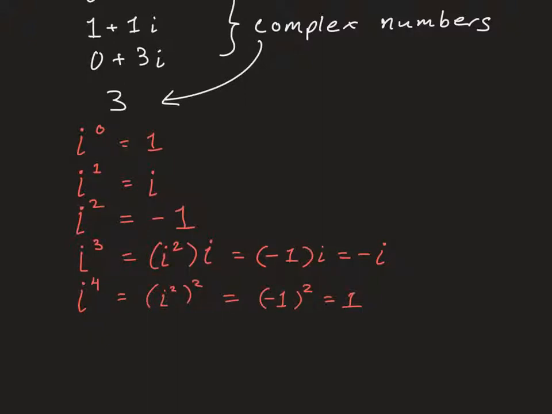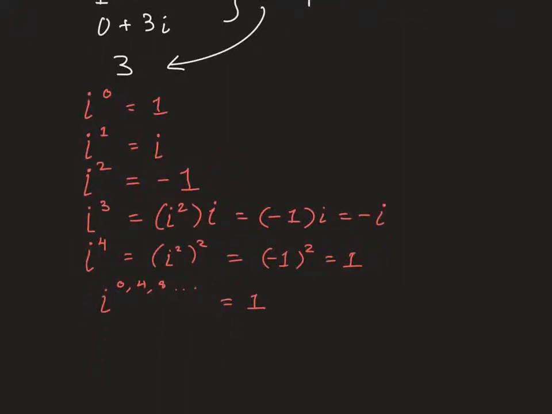So you can kind of see that i to the 0 power, 4th power, and 8th power is just the 4th power squared. So any multiple of 4, if you raise i to that, you get 1. And from this, we see that each of those, if you just multiply by i again, you get i to the 1, 5, 9, etc. gives you i.